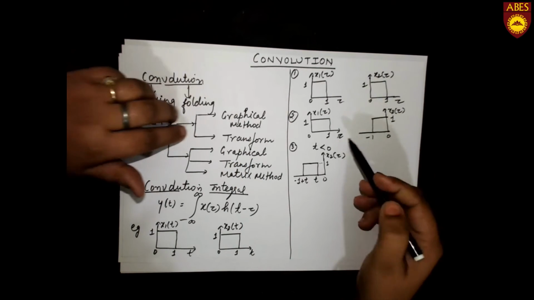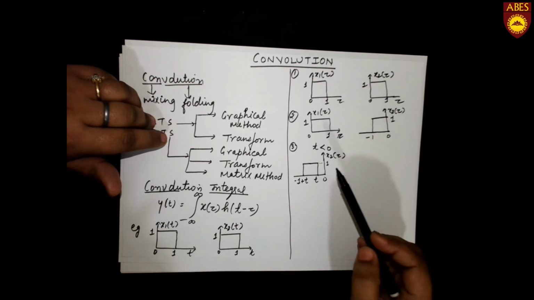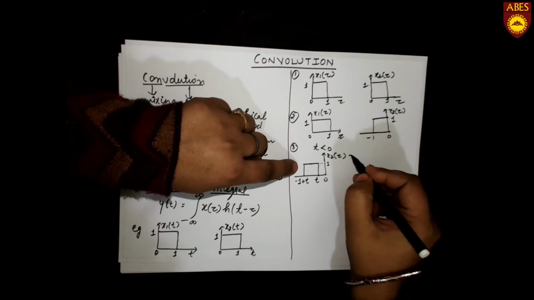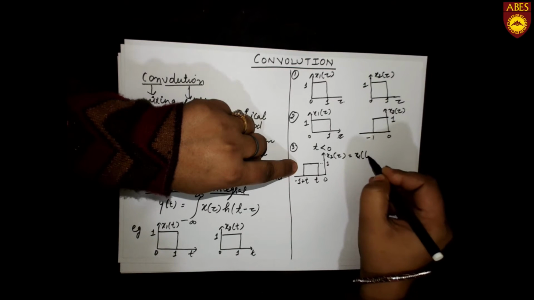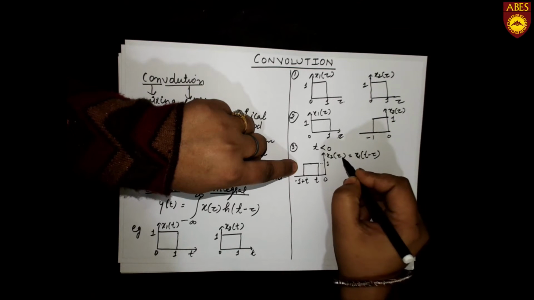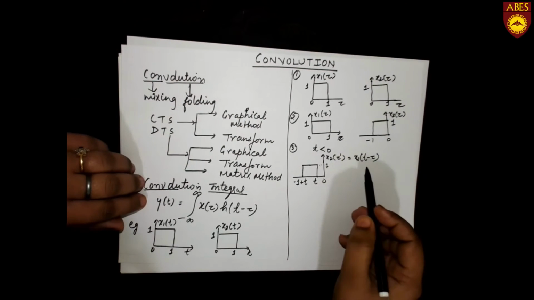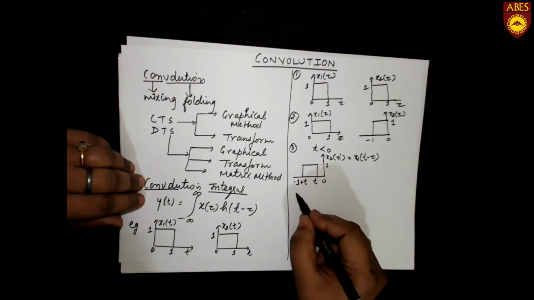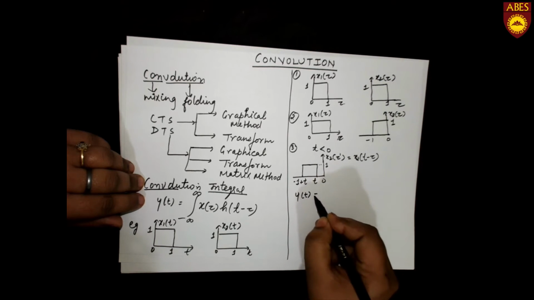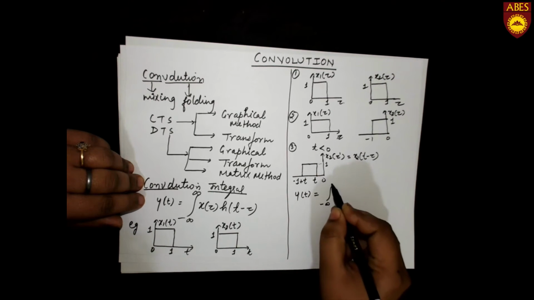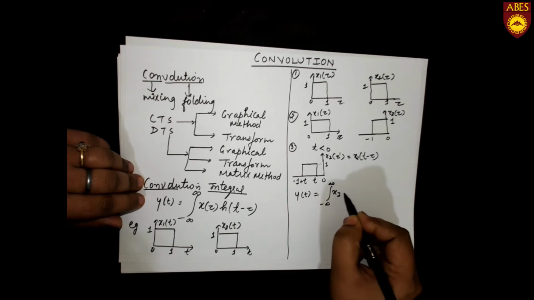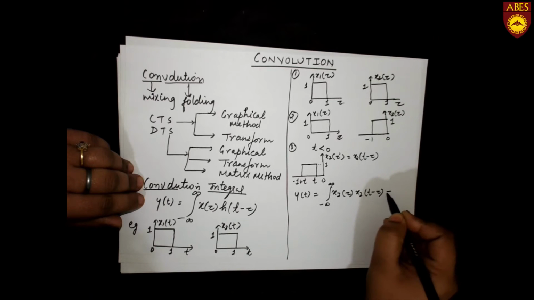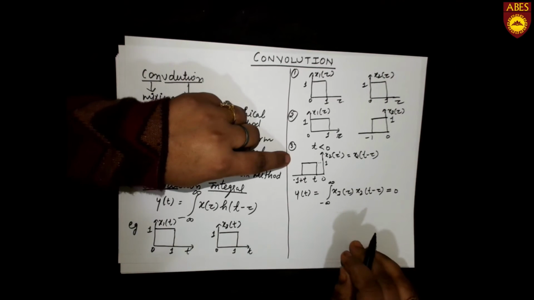The overlapping area between x1(tau) and x2(tau) that is folded, which may be assumed as x2(t minus tau), is nil. That means y(t) is equal to the integral from minus infinity to infinity of x1(tau) x2(t minus tau), which is equal to 0 for t less than 0.